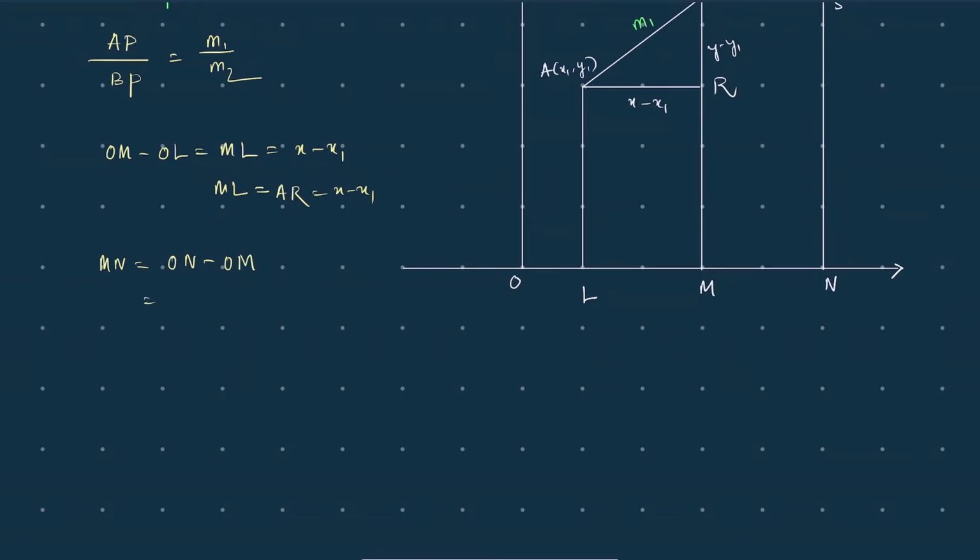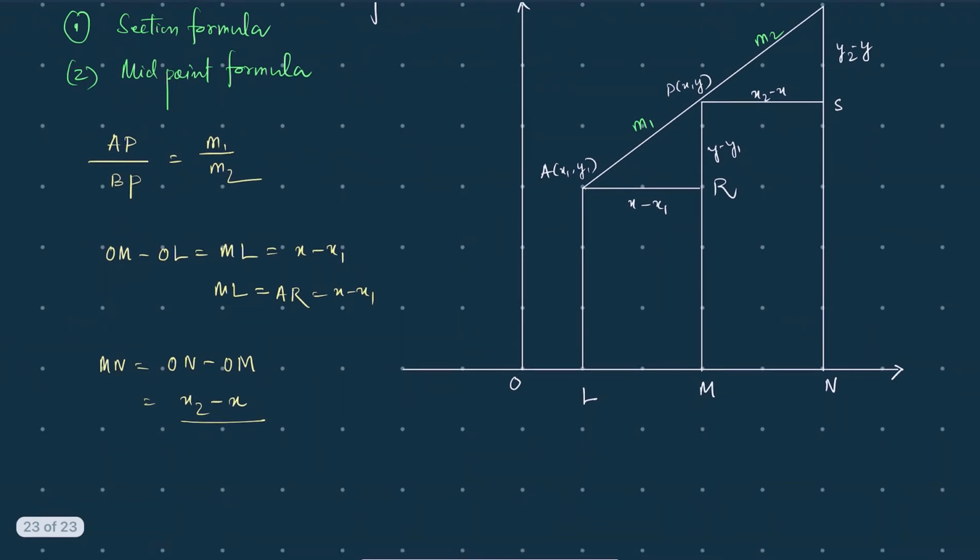ON is nothing but x2 and OM is nothing but x. So this is equal to x2 minus x. MN is nothing but PS, so PS is equal to x2 minus x. This is PS we have found, and this is AR we have found.